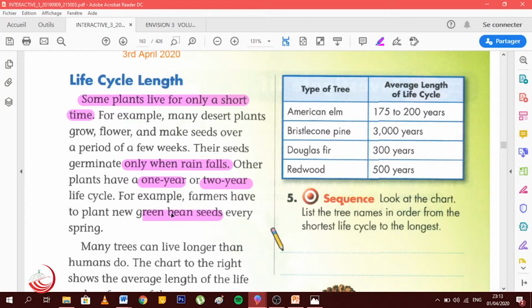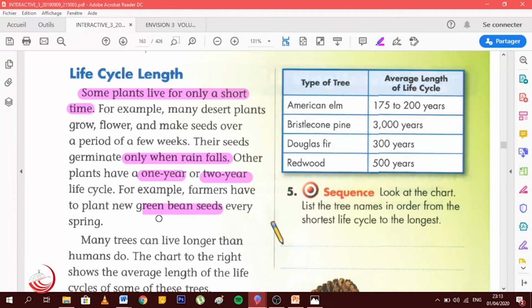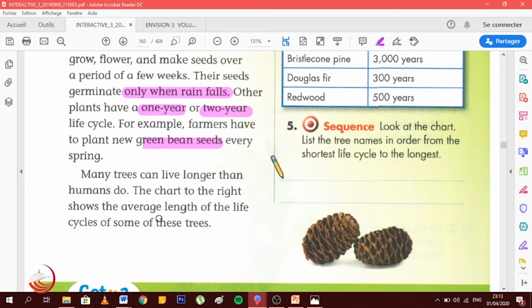That means that green beans grow over 1 year. So every year in spring, the farmers plant new seeds. So the life cycle of green beans takes one year.